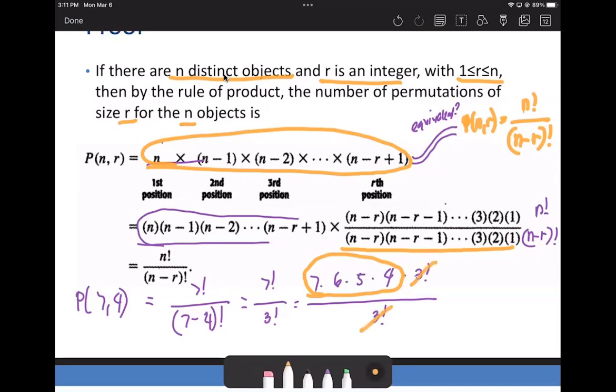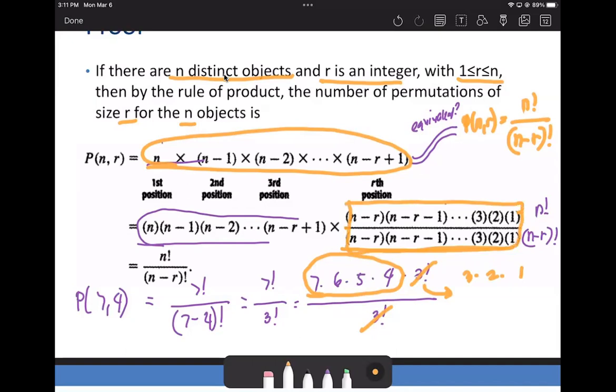So basically, this last part is just a continuation of the natural numbers. The 3 factorial, which is equivalent to 3 times 2 times 1, you can see here, this part is the cancelled part as well.